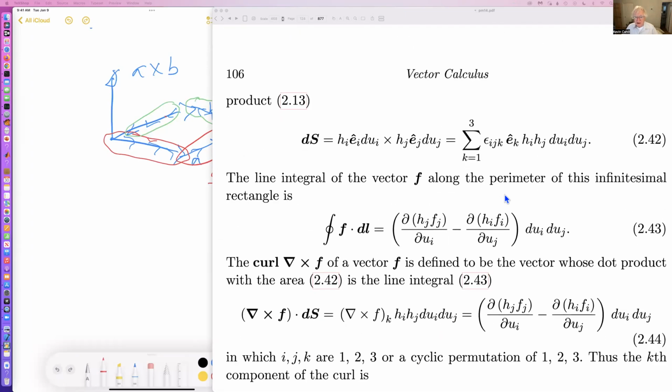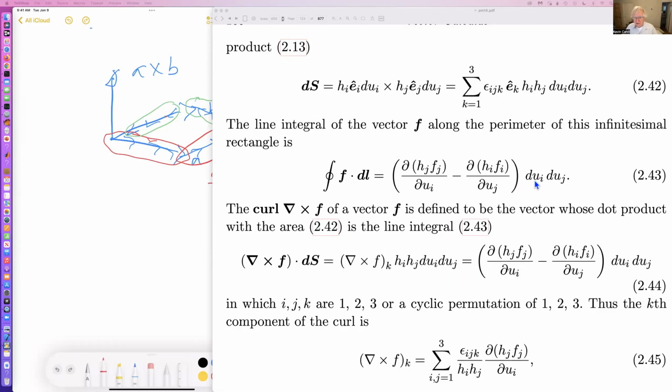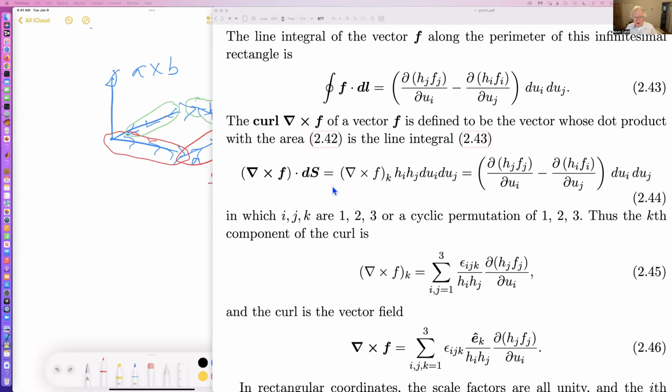So we're integrating f around this loop, and so the curl of the vector f is defined as the surface area, as a vector, such that dotted into the surface area, you get the line integral around the loop.